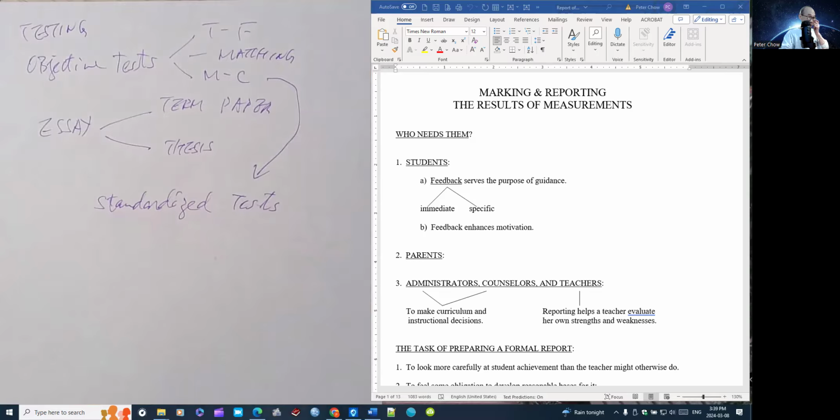Now, of course, you must have read that there have been a lot of debates on whether we should use this for admission to university, admission to graduate studies, and also for hiring, that type of thing.